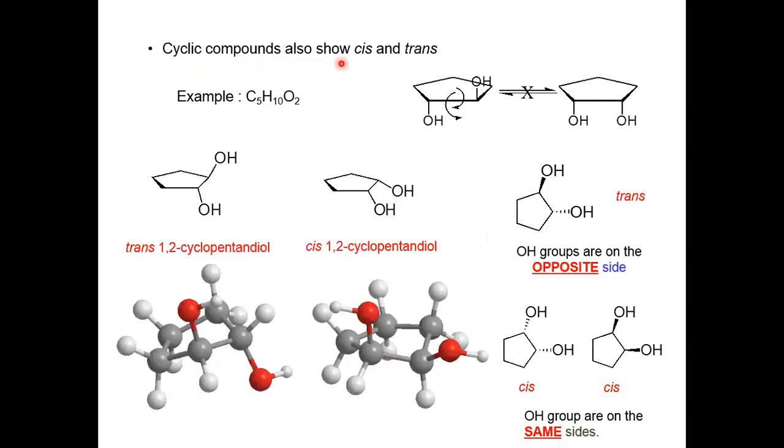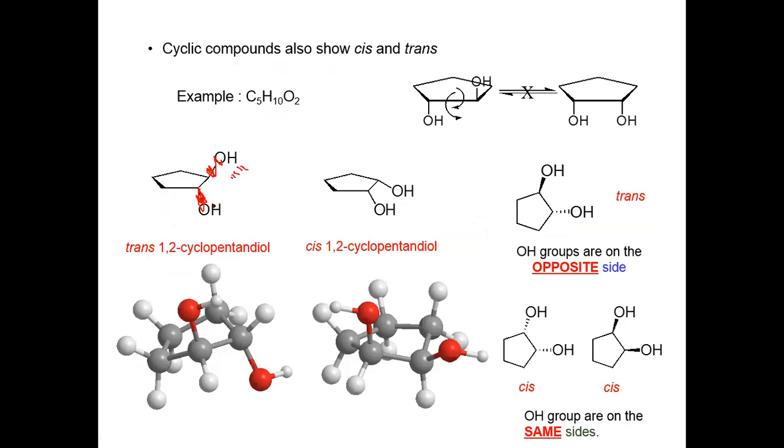Cyclic compounds also show cis and trans. So for example, C5H10O2. This is your trans. Okay, actually it has to be written this way: one solid, the other one hashed.